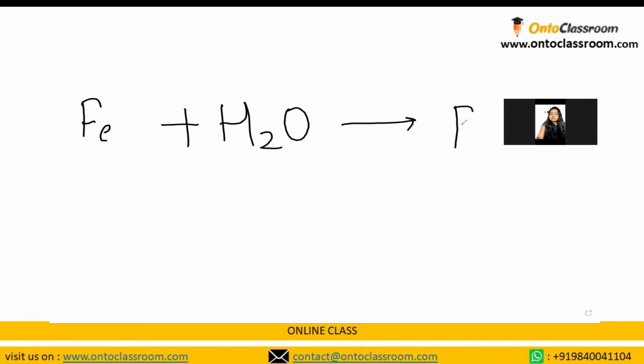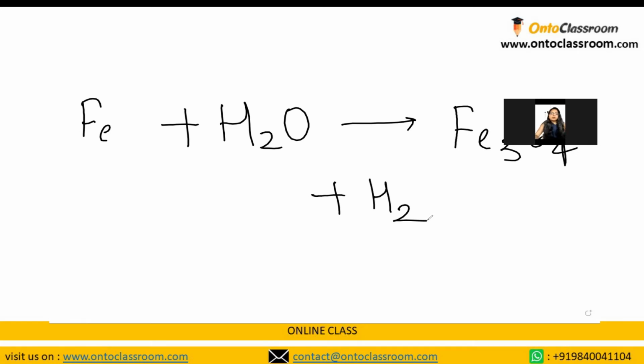To understand this, let's take a very common example, that is rusting of iron. Fe plus H2O. Iron when it reacts with water forms iron oxide, Fe3O4, plus hydrogen gas. This iron oxide is what you see when rust is formed, right?